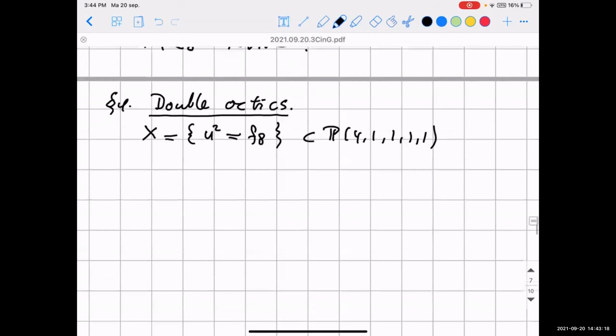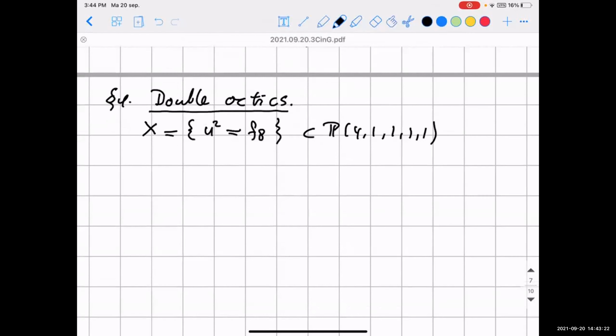And in general, well, this is a large family. You can vary this polynomial F8, but then there are what I call special double octics.